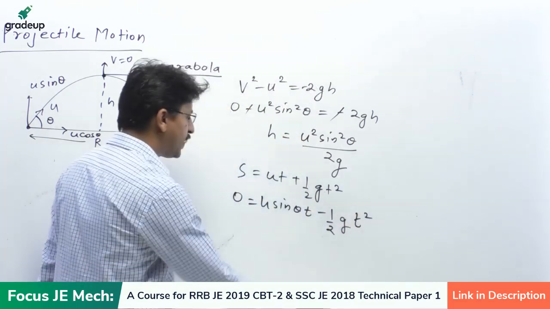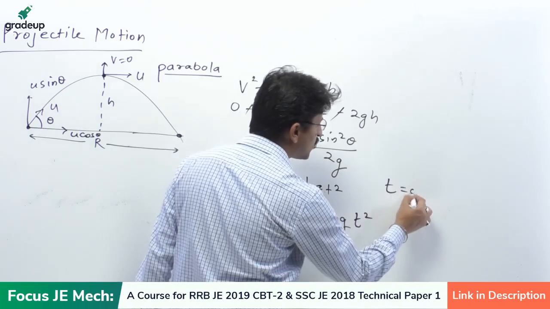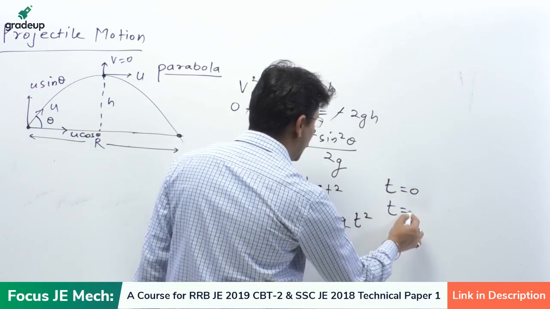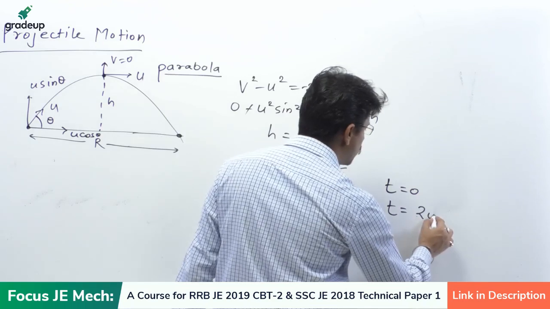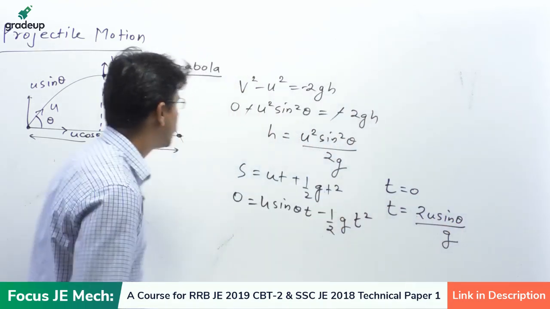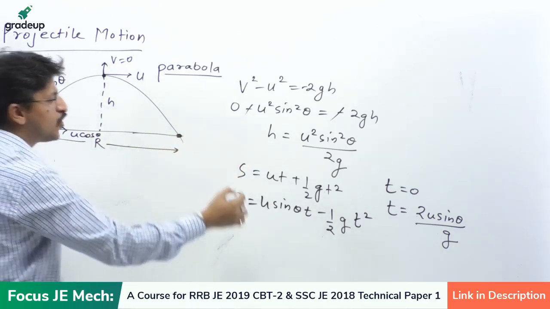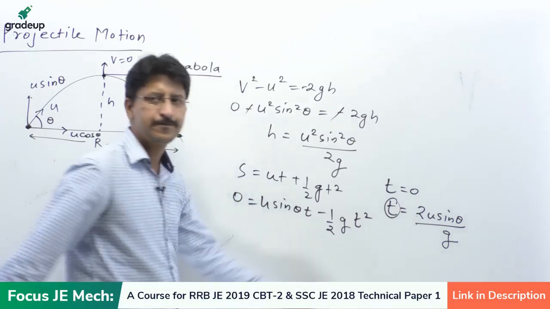So from one you can get that t is equal to 0, and from the other you will get t is equal to 2u sine theta divided by g. Clear? So this t is equal to 0 is this point, and t is equal to 2u sine theta over g is your time of flight. Clear?